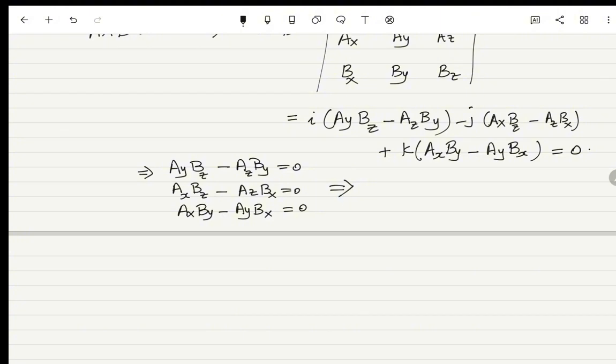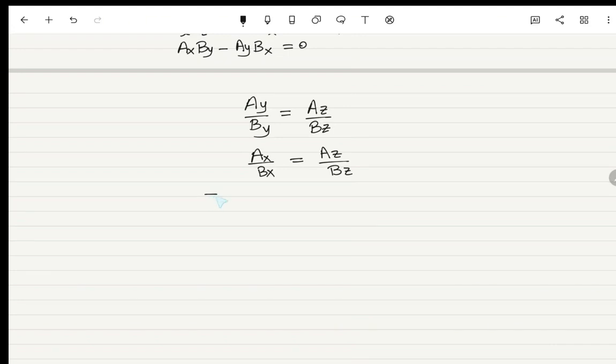From this we can conclude that AY over BY equals AZ over BZ, and AX over BX equals AZ over BZ.